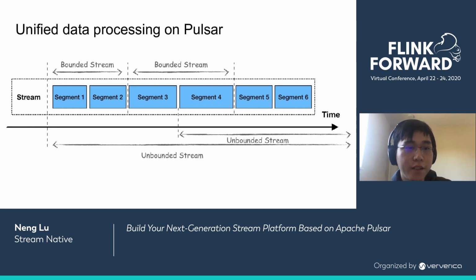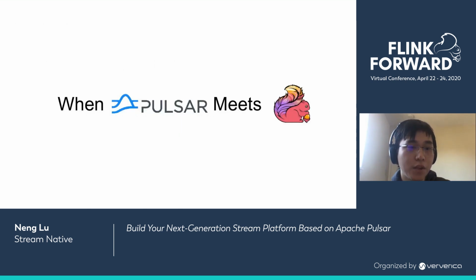So the unified data processing on Pulsar is like this: you have bounded streams to process data, and if you combine the previous old data with the most recent data, then it's considered an unbounded stream, and the stream consists of different segments.